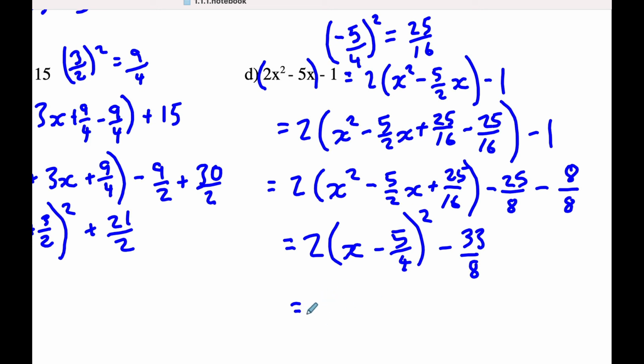So now we have our vertex form. And in the solution, it may also appear as minus 4.125, which is really minus 4 and 1/8.